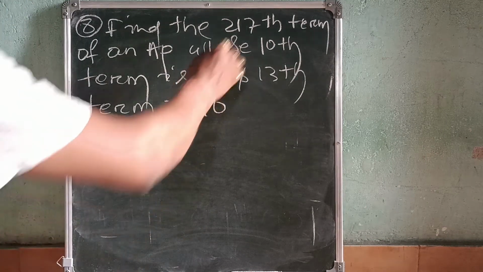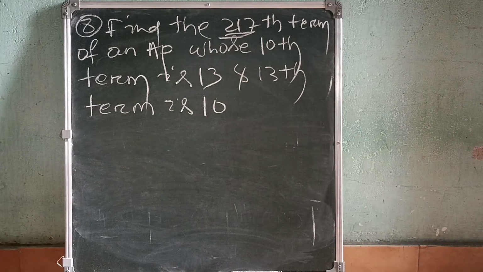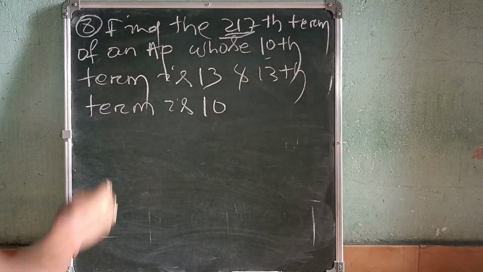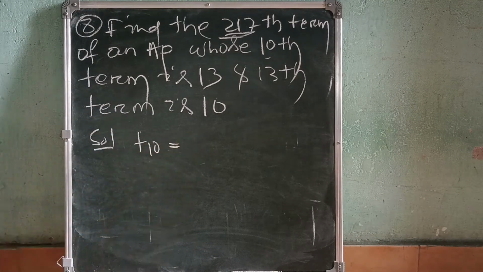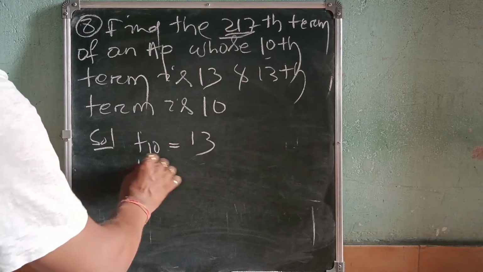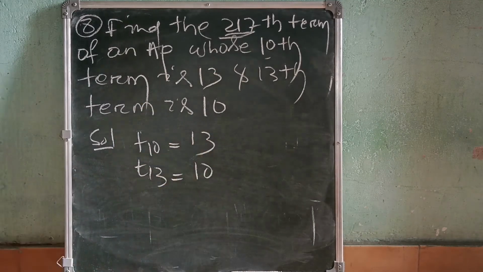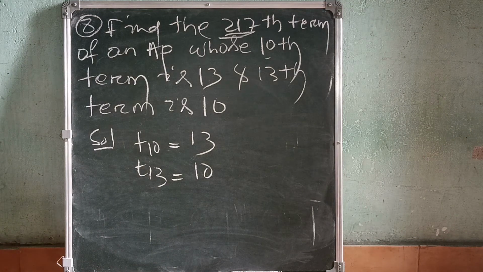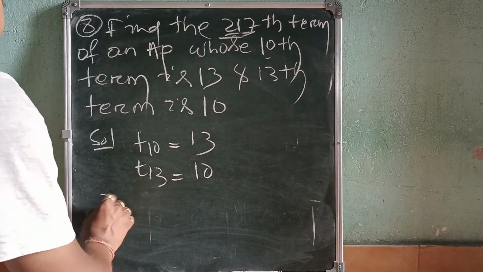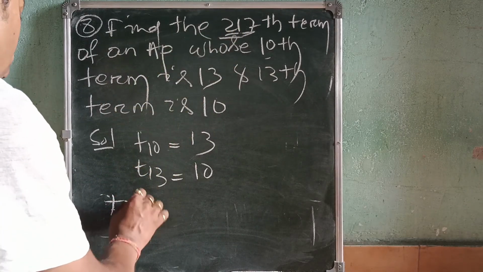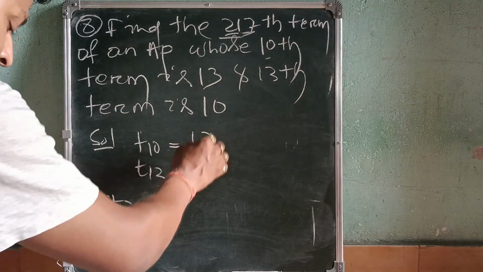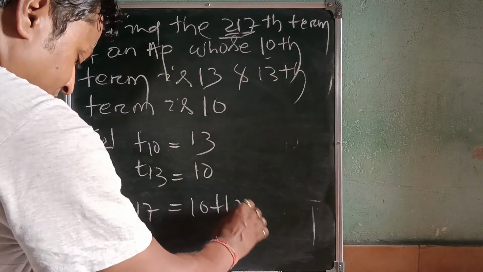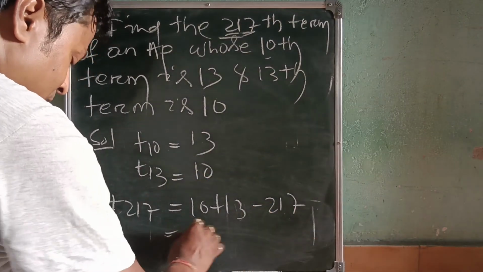Find the 217th term. What is given? The 10th term, T10 or A10, is 13, and the 13th term, T13, is 10. Just reverse. How to find T217? 10 plus 13 minus 217, so minus 194.